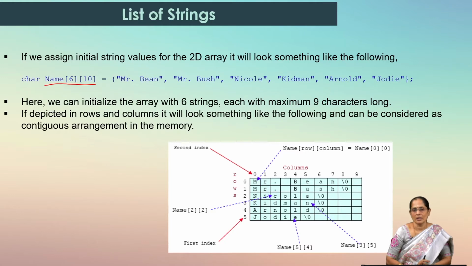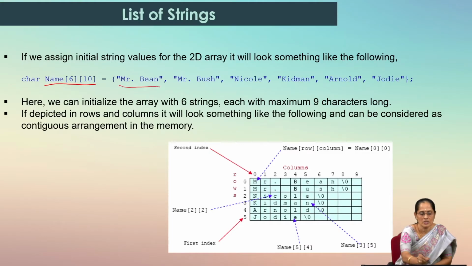So, we can make it a tabular format having rows and columns with 6 strings, and each string can store a maximum of 9 characters. Even though the size is 10, the last character is allocated for the null character. So, it can store at the maximum 9 characters. We can see the table carries 6 strings.